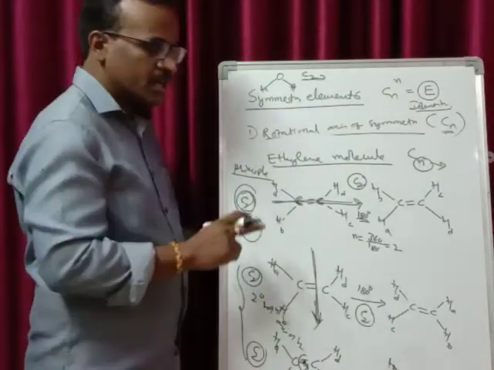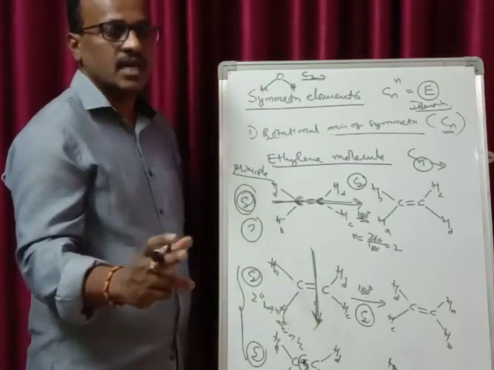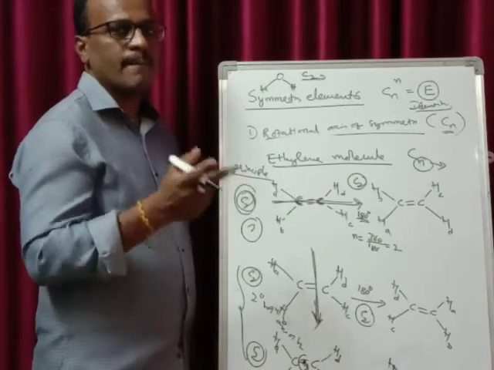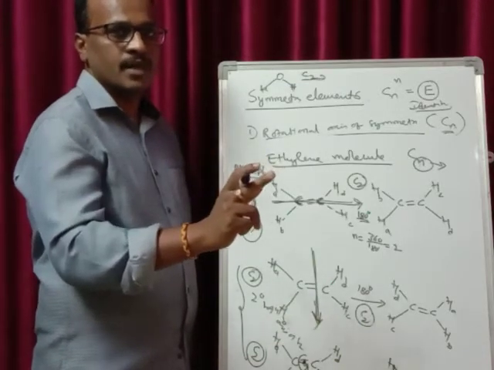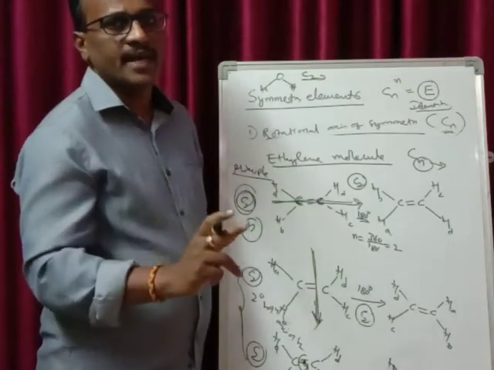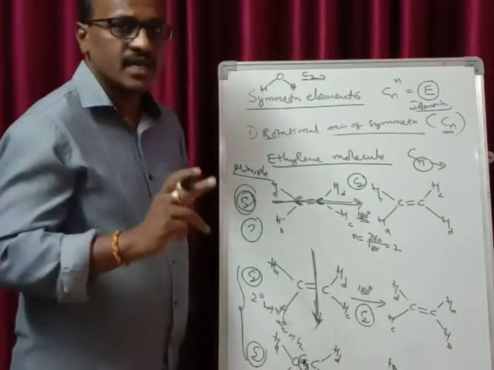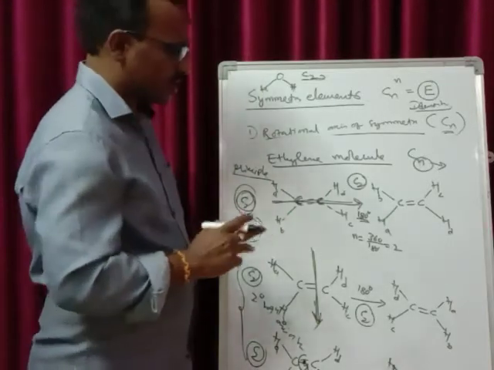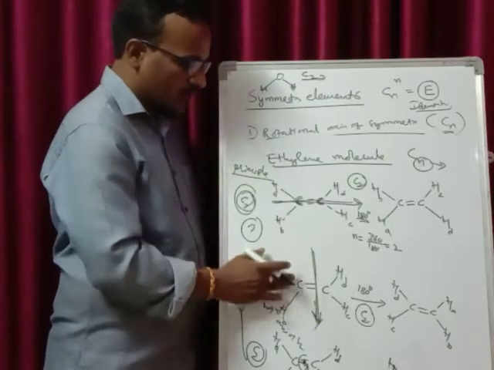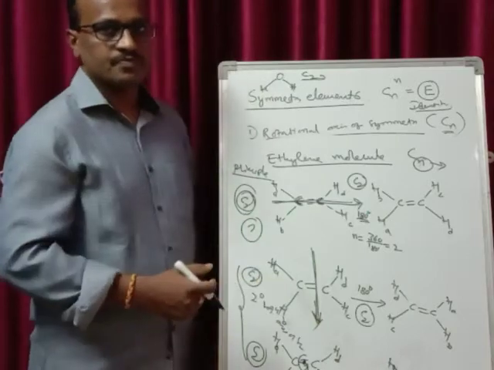Whereas if the molecule has the same symmetry element along different axes, then the axis which is passing through the maximum number of atoms, the axis touching the maximum number of atoms, should be taken as the principal axis of symmetry. The rest should be taken as secondary axes of symmetry. The best example here is the ethylene molecule. In the ethylene molecule, along 3 different axes, the symmetry element present is C2.